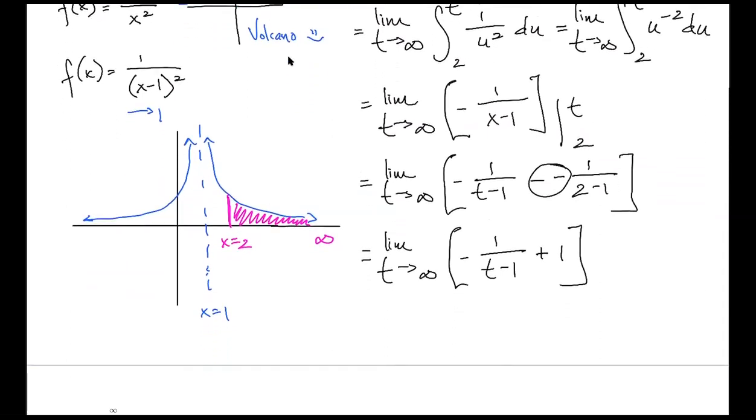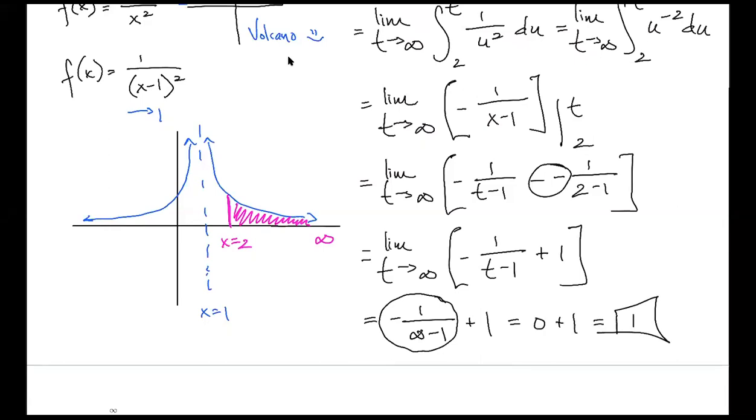Now let's plug in our infinity and see what we get. I get negative 1 over (infinity minus 1) plus 1. Because I'm taking the limit as t gets to infinity, 1 over infinity is really 0. So I get 0 plus 1.